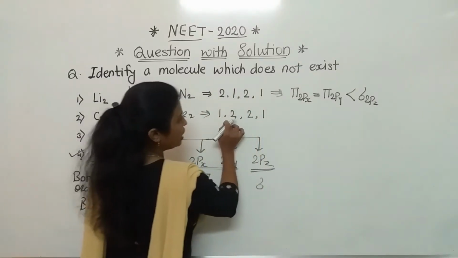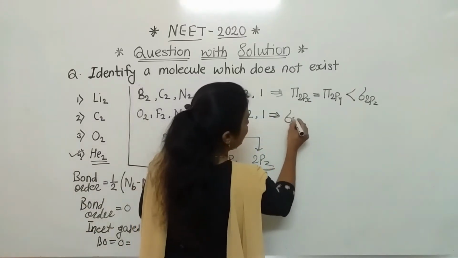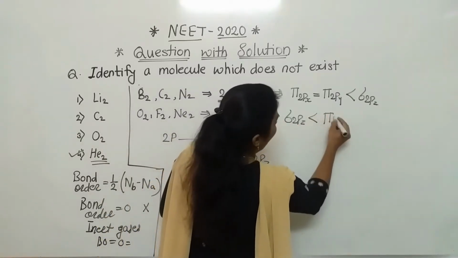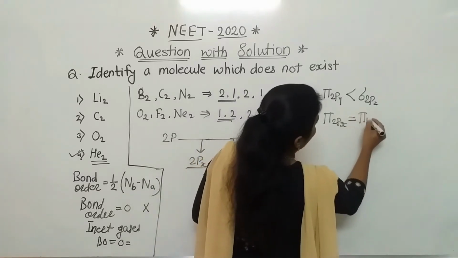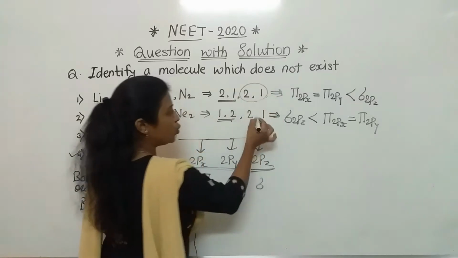In the case of 1 2 2 1, sigma 2pz has lower energy than pi 2px and pi 2py. Clear to everyone? And this common part is 2 1 2 1.